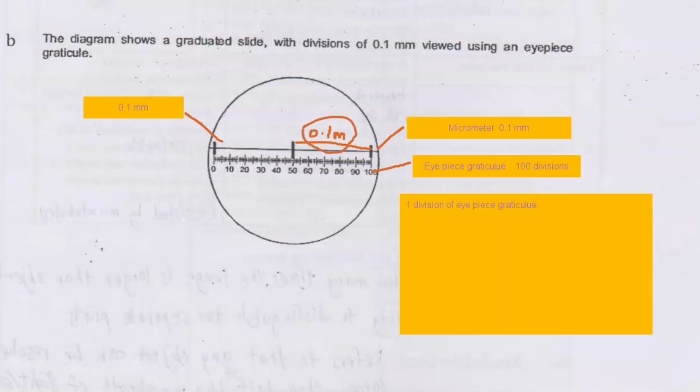From 0 to 50 is 0.1 mm, and 50 to 100 is also 50 divisions.